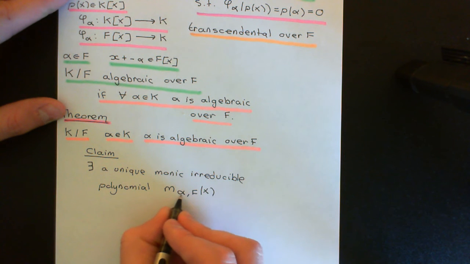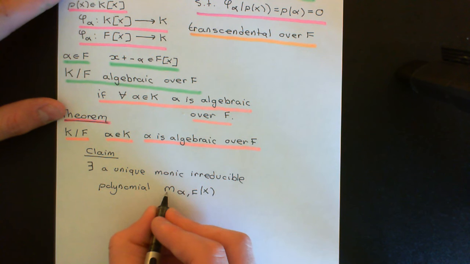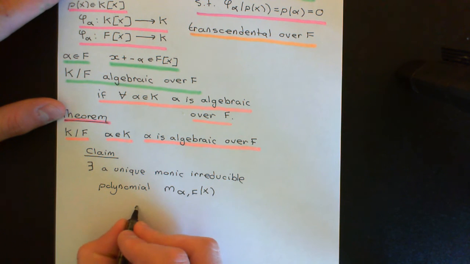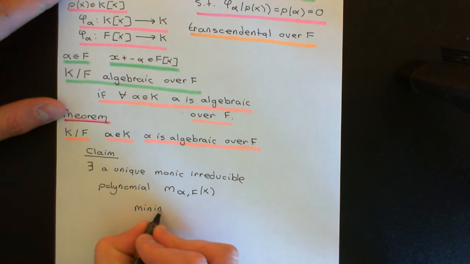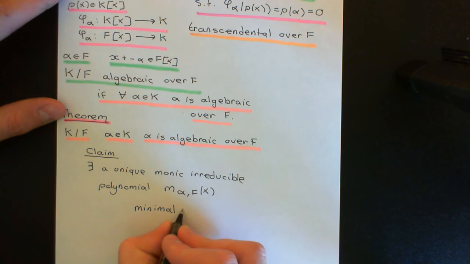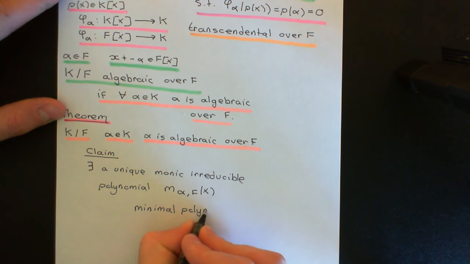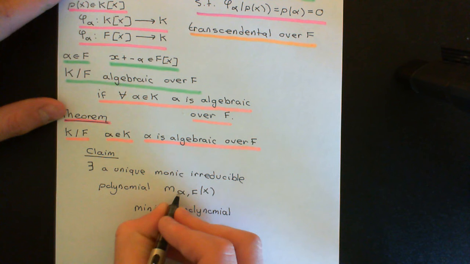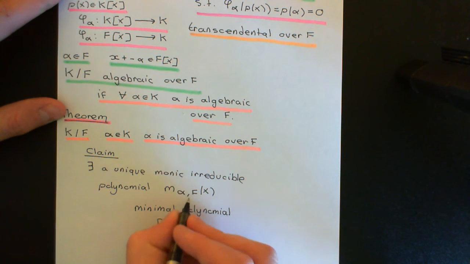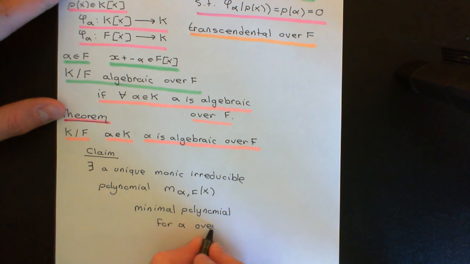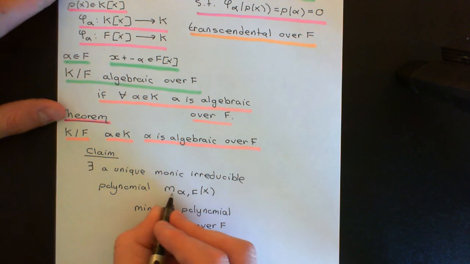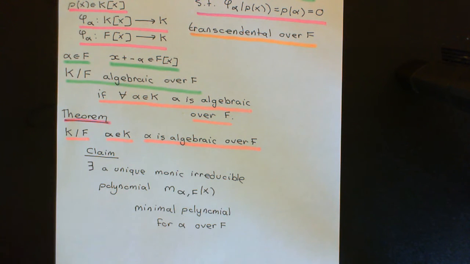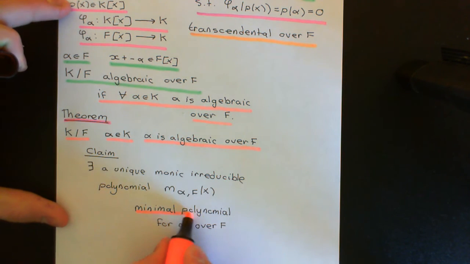So both of these things are in the subscript here, so you should read this as the minimal polynomial, and I'll write out its full name. The M is for minimal, so it's the minimal polynomial for alpha, that's why we've got the subscript alpha here, and then the comma is then over the field F. So whenever you see this thing, you should read it as the minimal polynomial for alpha over F.